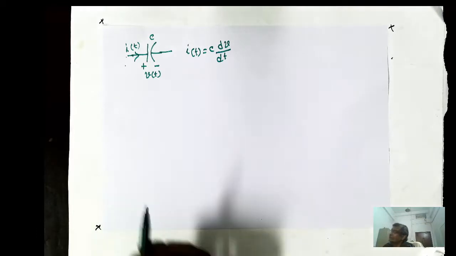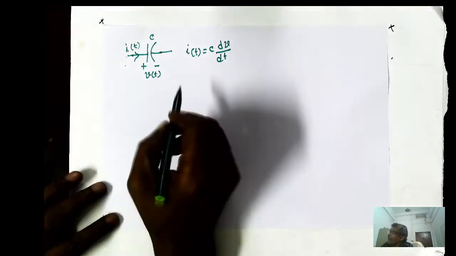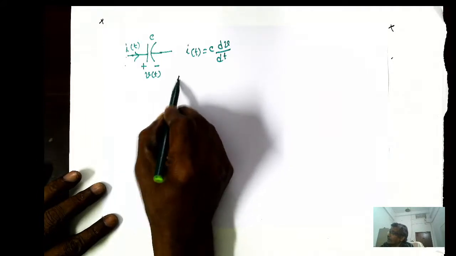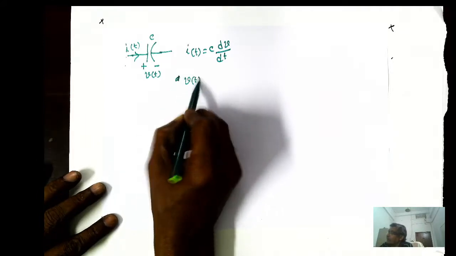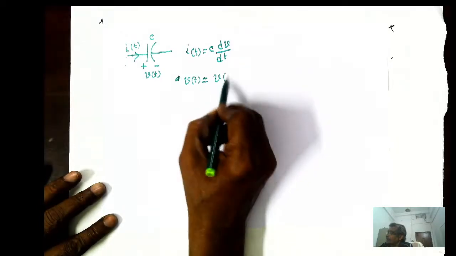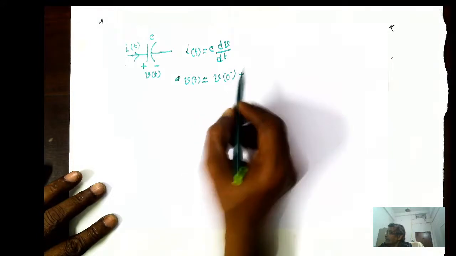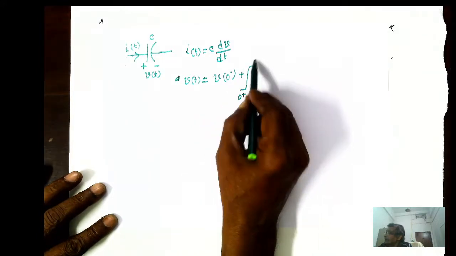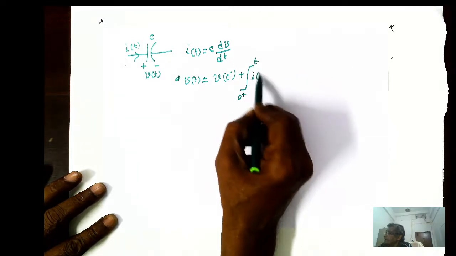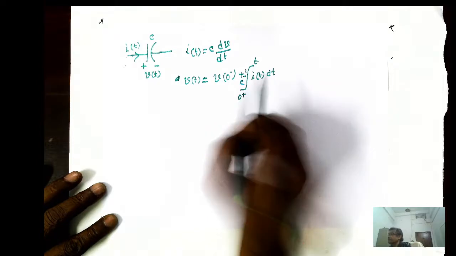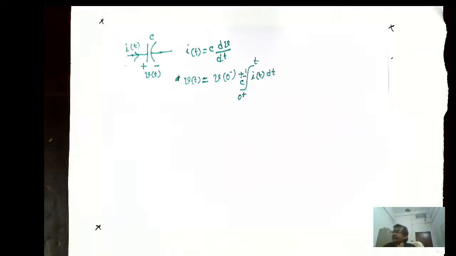So this is the thing, and we got that the voltage at any time will be v(0 minus) plus the integral from 0 plus to t of i dt over C. This is the fundamental equation we'll be dealing with.